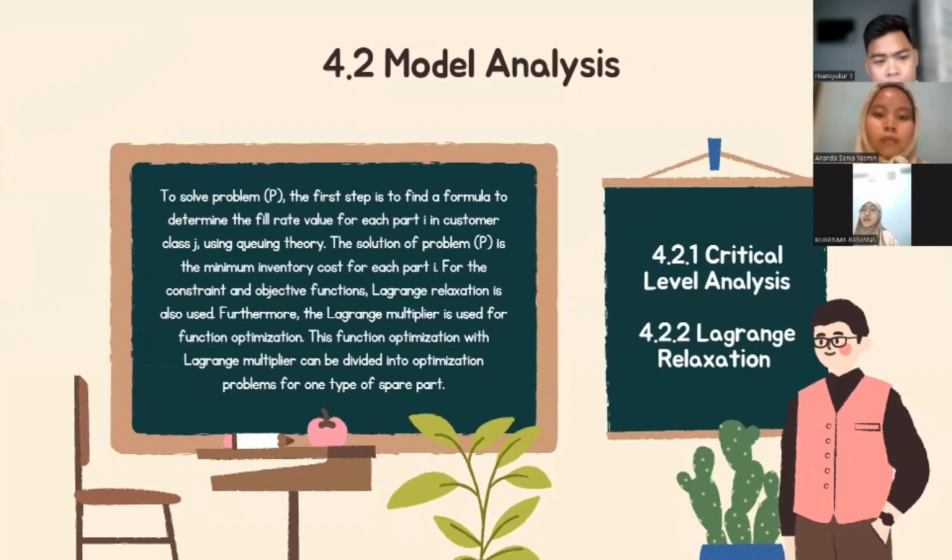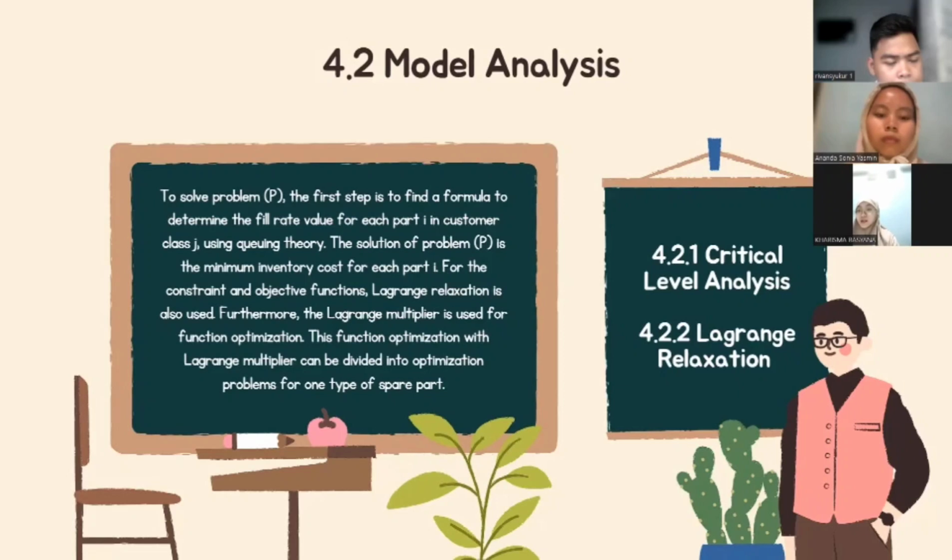4.2 model analysis. To solve problem B, the first step is to find a formula to determine the fill rate value for each part I in customer class J. Using queuing theory, the solution of problem B is the minimum inventory cost for each part I for the constraint and objective function.